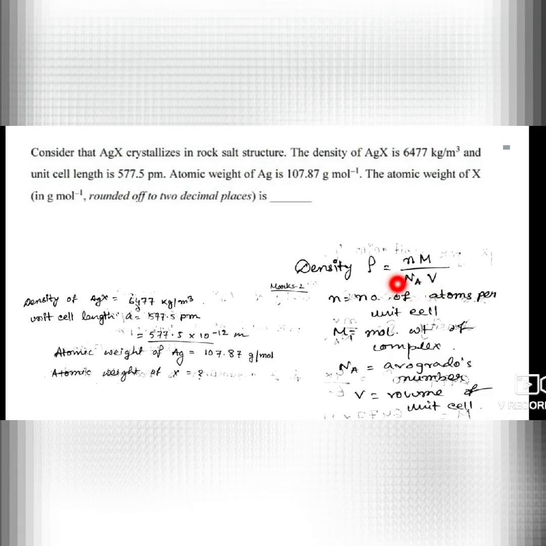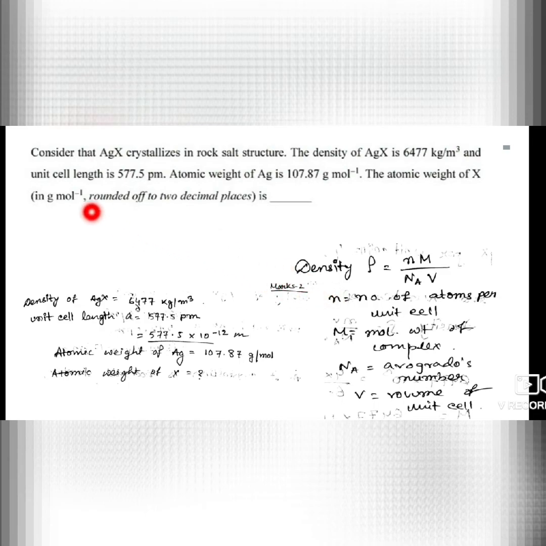Now you can easily calculate the value of N, as AgX crystallizes in rock salt structure. In one of my previous videos I showed the calculation of the number of atoms in the rock salt structure. And V also you can easily calculate as the unit cell length is given and AgX crystallizes in a cubic unit cell.